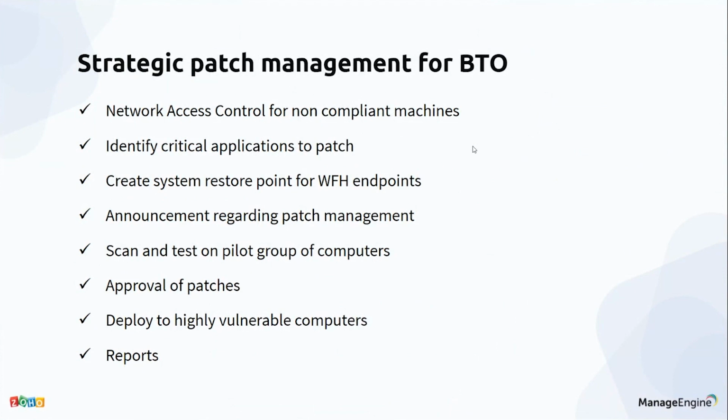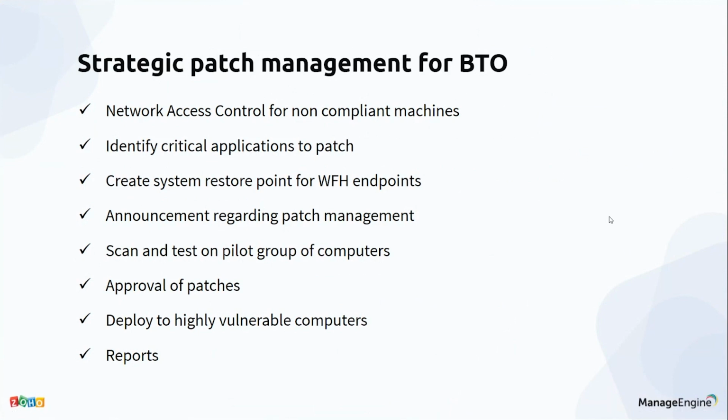The first objective will be enabling network access control for the non-compliant machines and identifying the critical applications to patch them in priority. After which, we will be creating a system restore point for all the work from home machines. The reason behind that is, in case of any challenges during the patch management task, you are safe to restore the backup, and that's the primary objective of creating a system restore point.